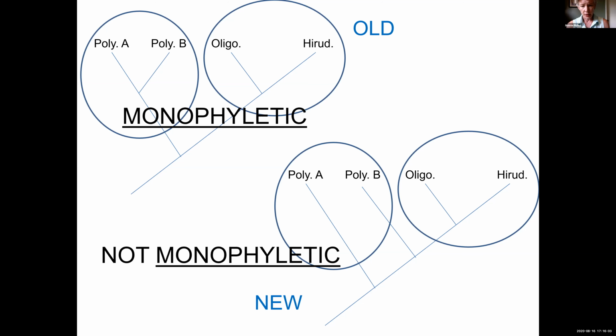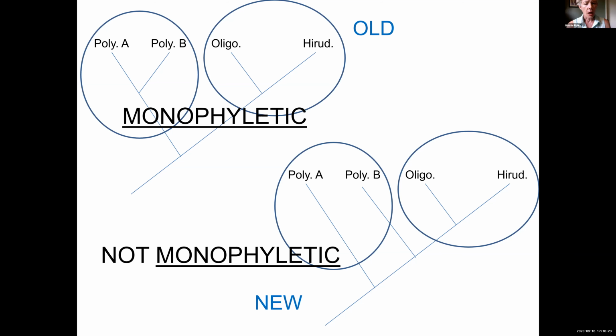And this is a diagram that's showing the different subgroups within the phylum of the annelids, the segmented worms. So oligochaetes are segmented worms like earthworms, Hirudinea are leeches. And then we have these marine segmented worms that we used to call polychaetes.